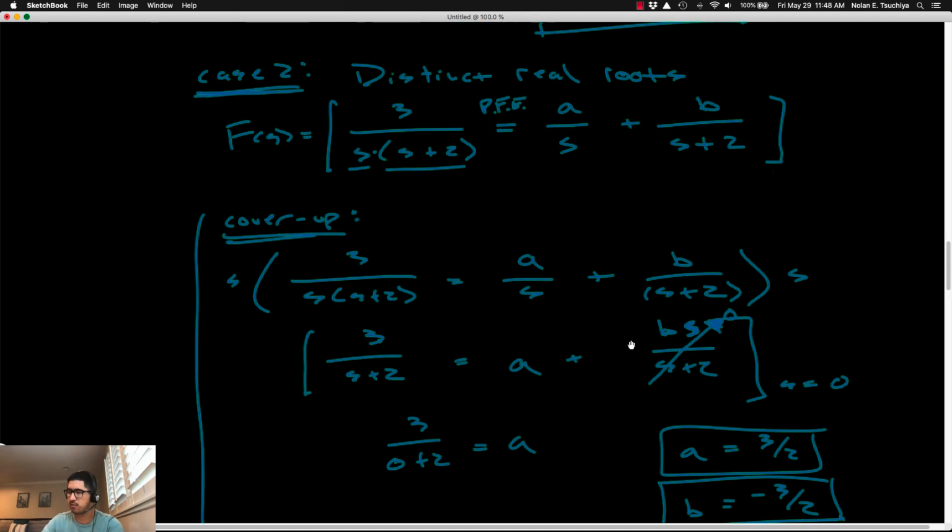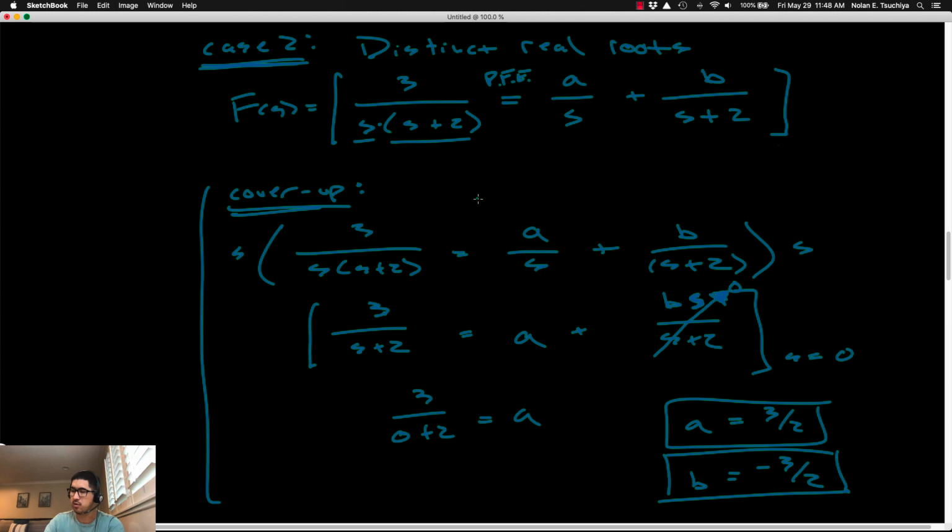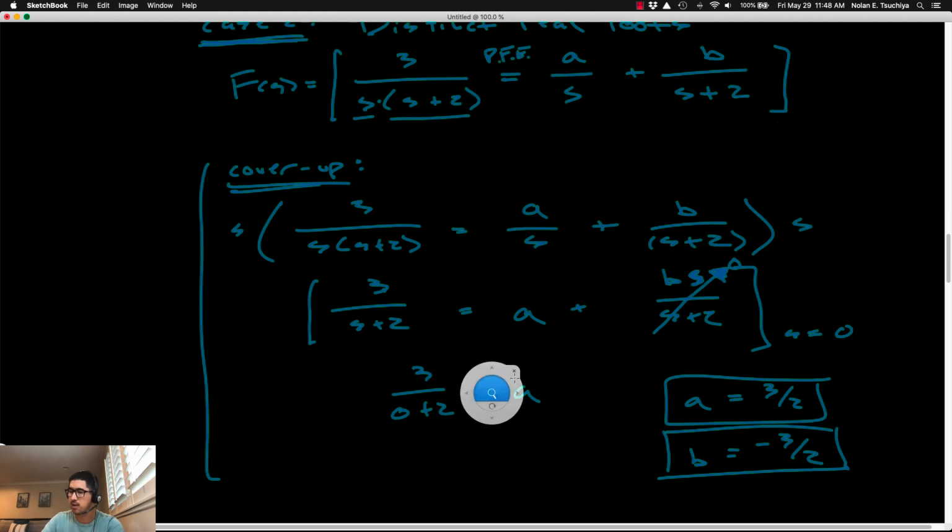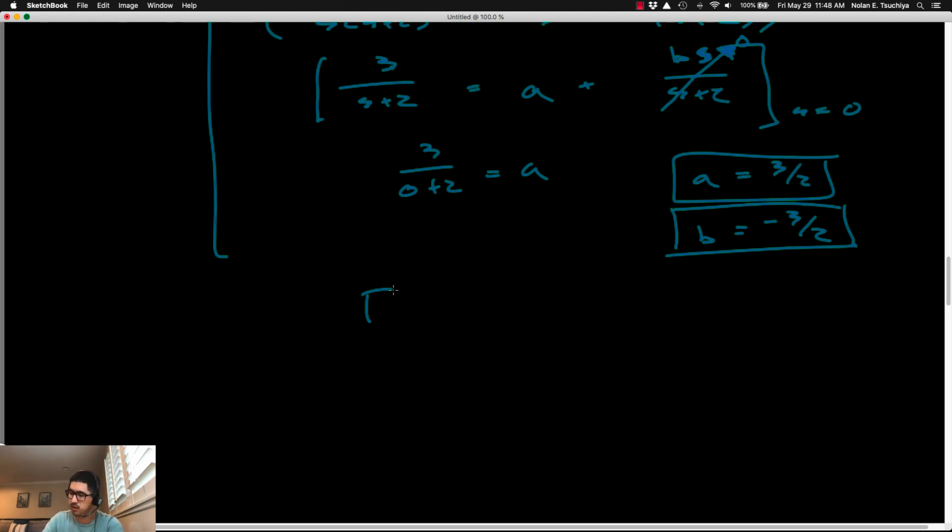And that sounds kind of daunting to say, but really all I've done is rewrite the original s-domain function. So 3 over s times s plus 2 equals some constant a, which I now know is 3 halves over s, plus some other constant b over s plus 2. So f of s originally was 3 over s times s plus 2.